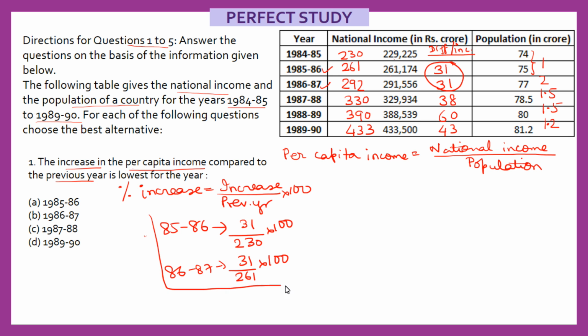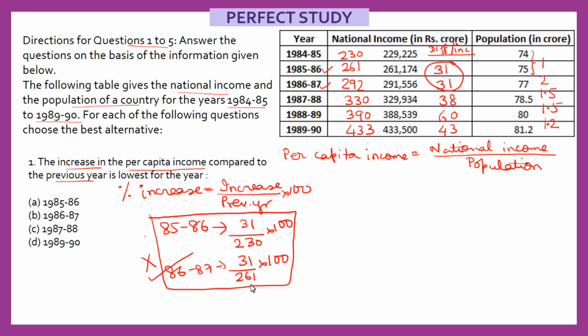Now there is no need to write this in the exam. I have written it just for explaining to you, in case you are not clear only with this diagram. But there is no need, because the denominator is higher for 86-87 compared to 85-86. Your answer will be the year 1986-87.